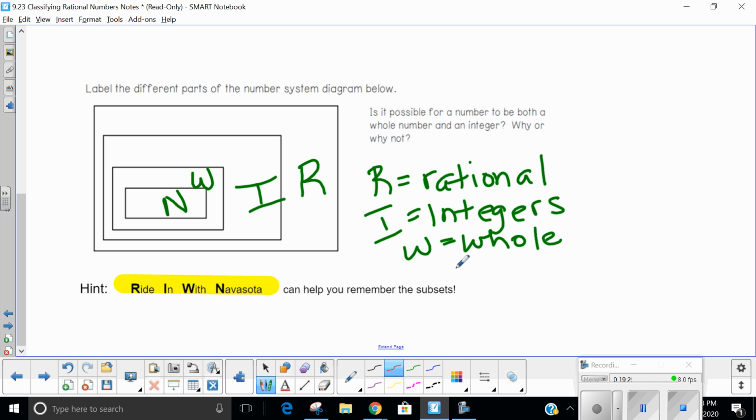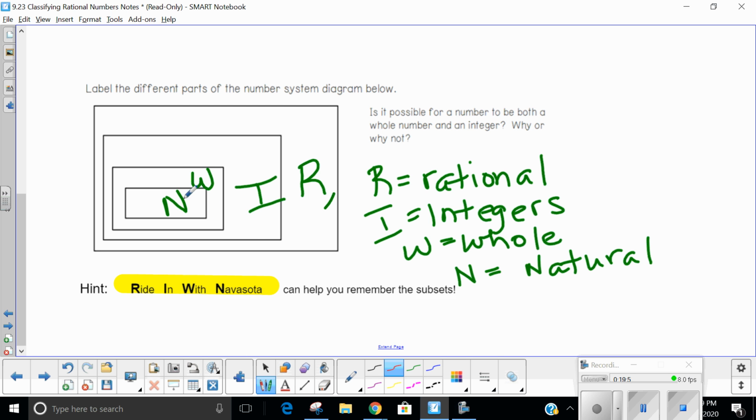And then N stands for natural. Okay, so that's how you need to remember how to label your diagram. So it's ride, start on the outside with the biggest set first and work inwards. So it's ride in with Navasota.